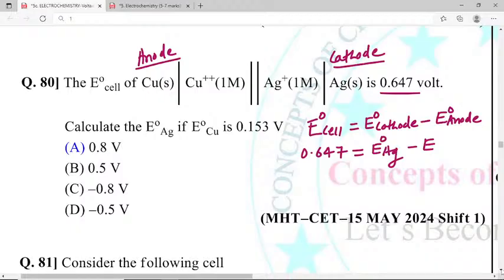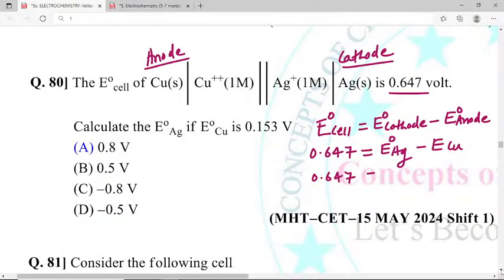E naught anode is copper, and the copper value is given, 0.153. So minus becomes plus.